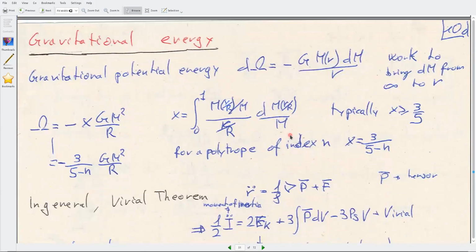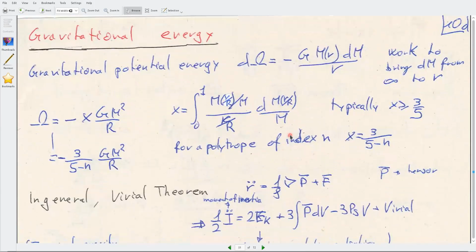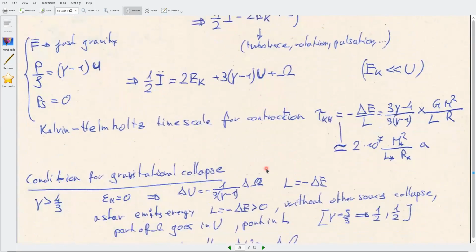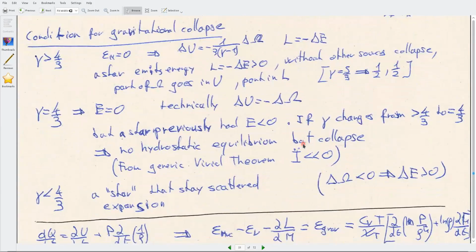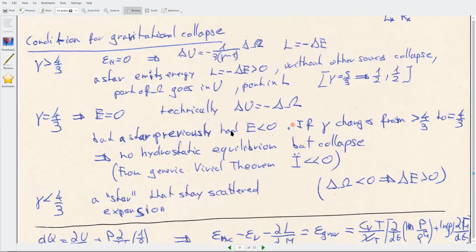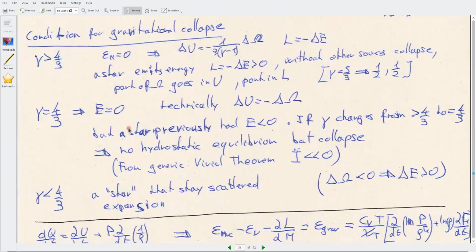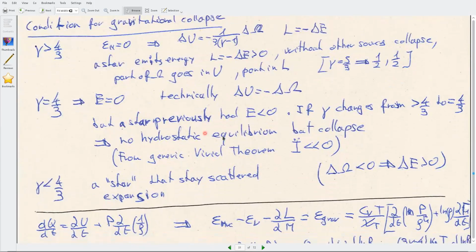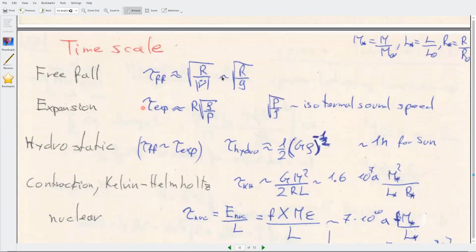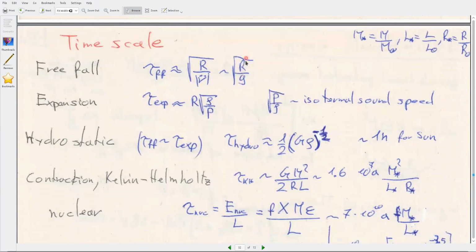Gravitational energy can be a little production. We saw the contraction is just keeping, according to several values, the star can contract, produce energy, or the other. Time scale: the typical free fall time is this, radius divided by the acceleration of gravity.